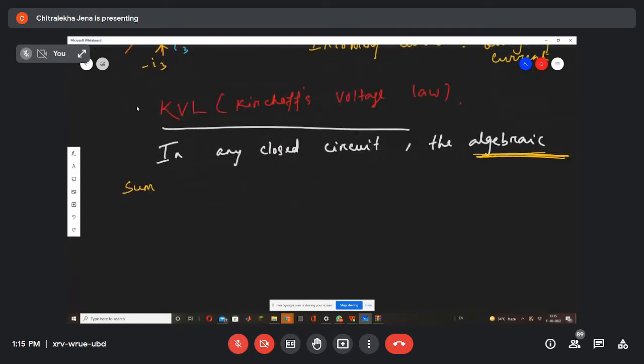Suppose I ask you a question, though I have not taught you yet: can these two laws be applicable to an AC circuit? You have read AC in your 12th standard. Is it applicable to AC circuits or only to DC circuits? Tell me, yes or no.